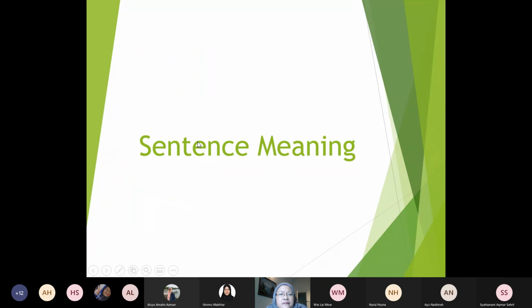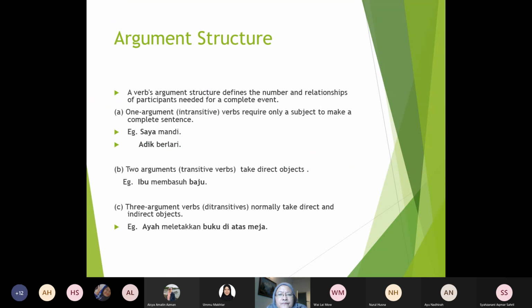So that is the, now we go to sentence meaning. In sentence meaning, one aspect that we discuss is argument structure. So we say argument structure. A verb's argument structure, only verbs have argument structure.